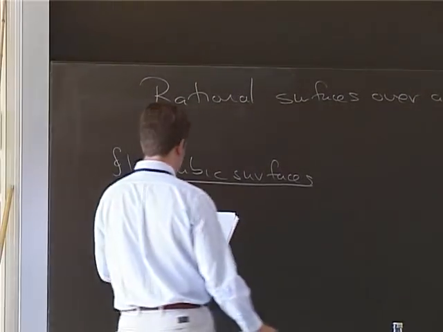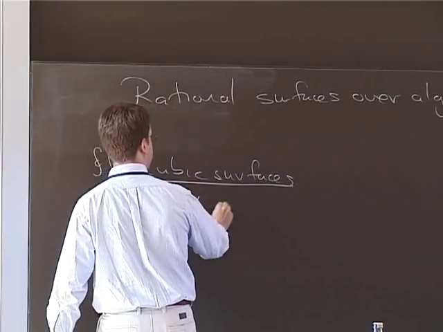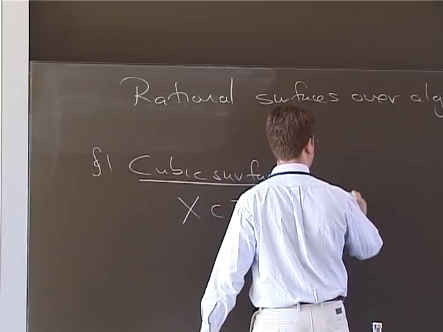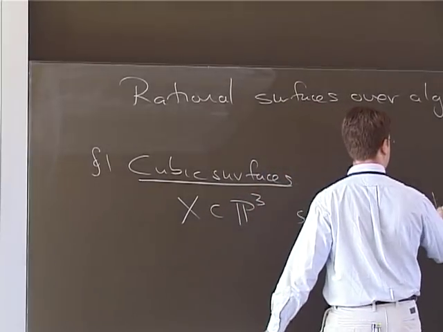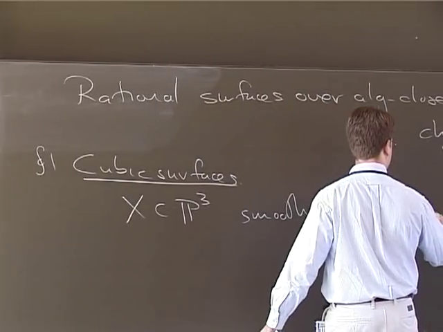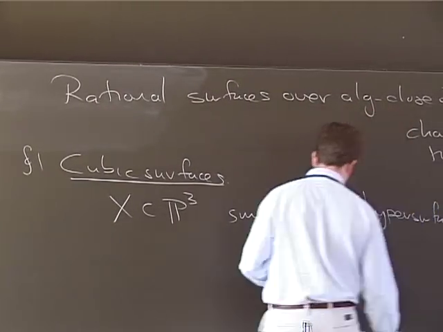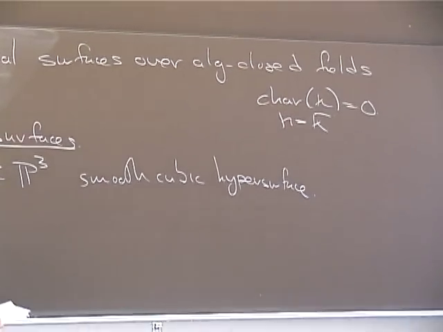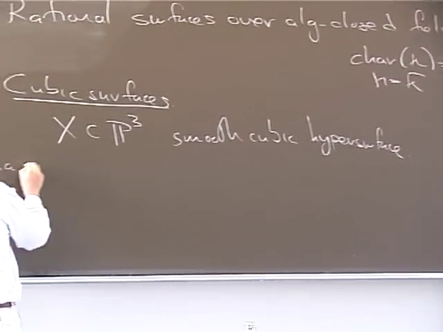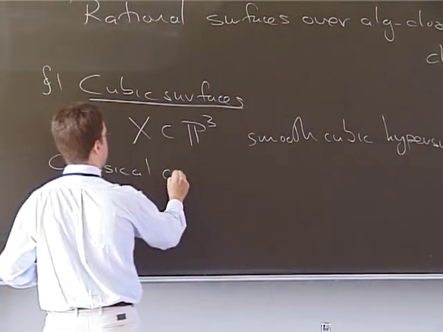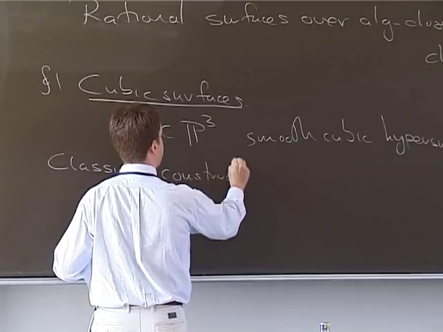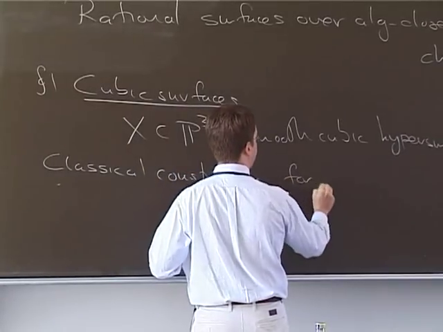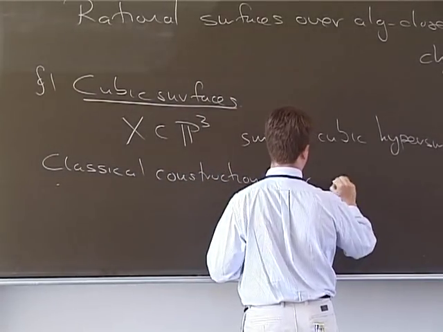Okay. So let me first of all explain what I mean. By a cubic surface, I mean a smooth cubic hypersurface. And I want to give a construction that produces these. So here's a classical construction for some special cubic surfaces.